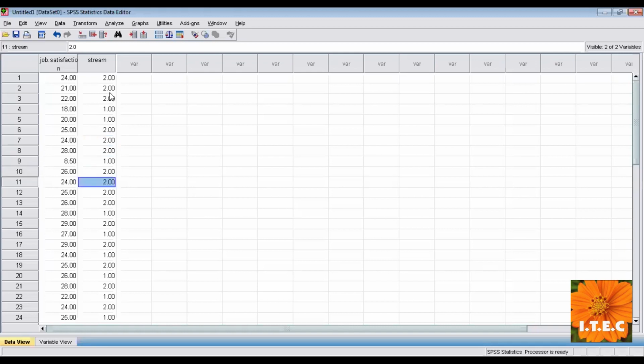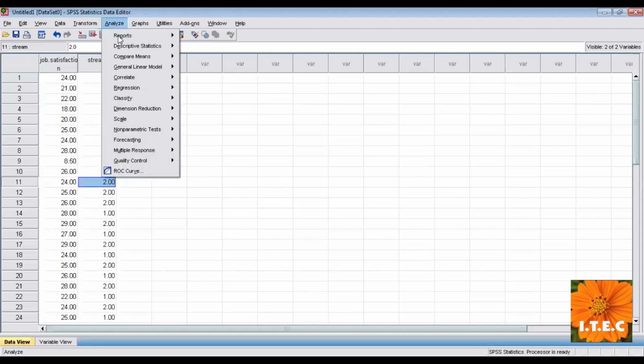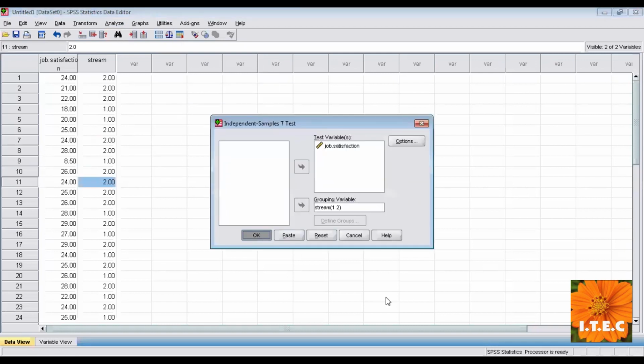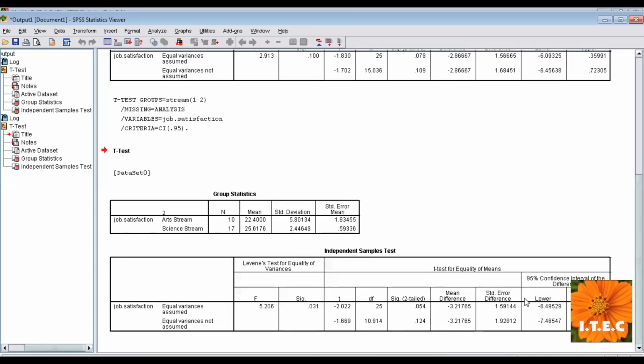Let's say I've changed two values and see what is. Now the value is almost significant. Let us change one more value.